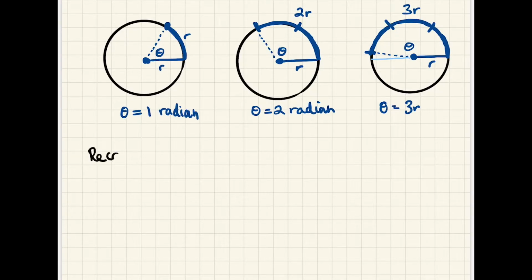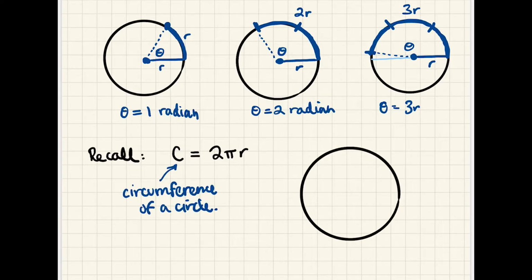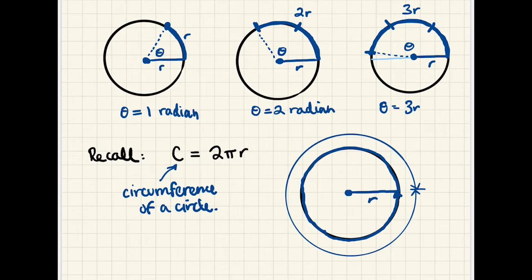So let's recall that the circumference of a circle is given by 2 pi r. This means if you have a circle and it has radius r, and you decide to walk around this circle, then you've covered an arc length of 2 pi r.